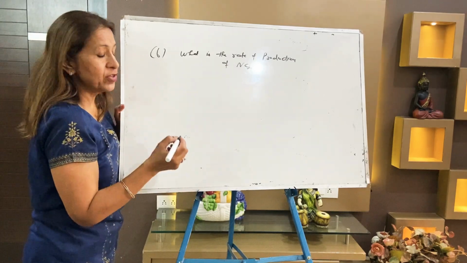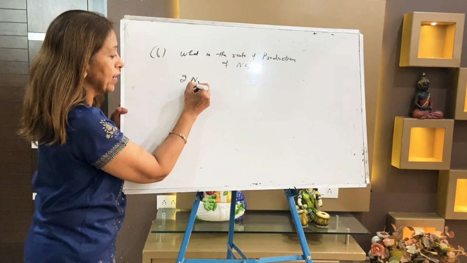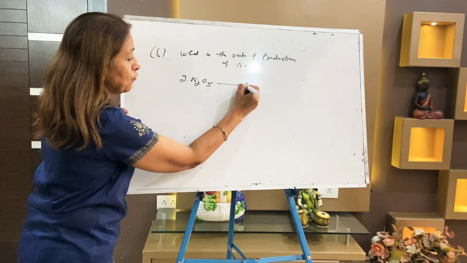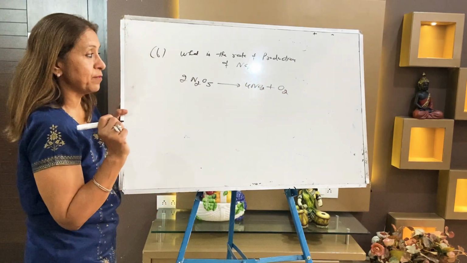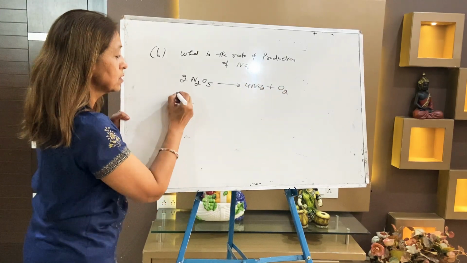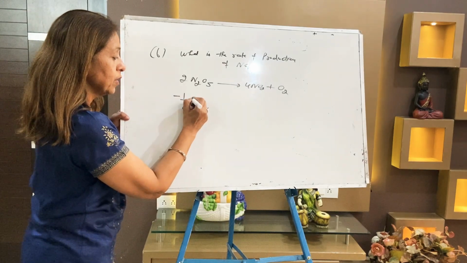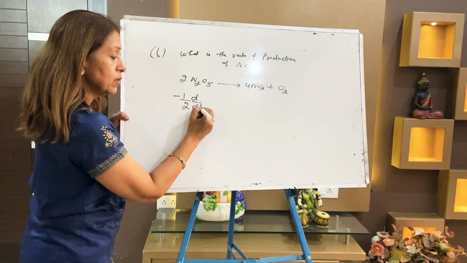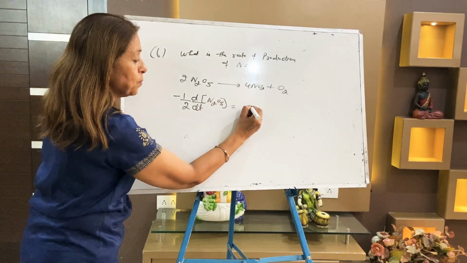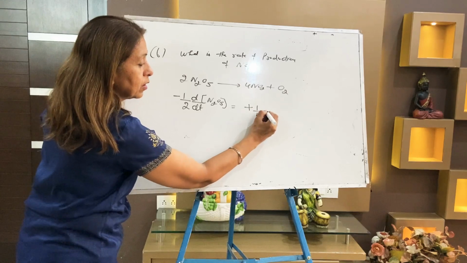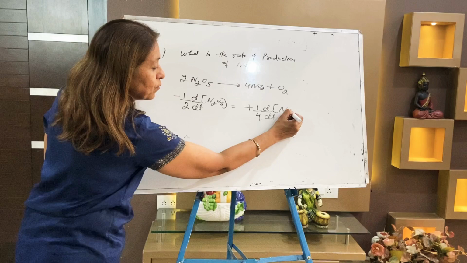For this you need the reaction first: 2N2O5 gives 4NO2 plus oxygen. This is the first step. Write the rate expression: minus 1 by 2 d[N2O5]/dt is equal to plus 1 by 4 d[NO2]/dt.